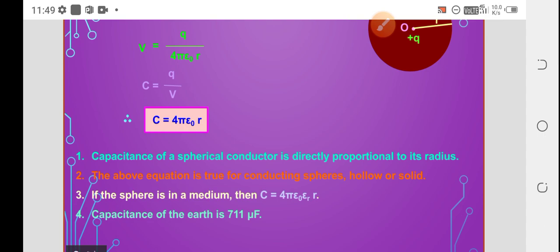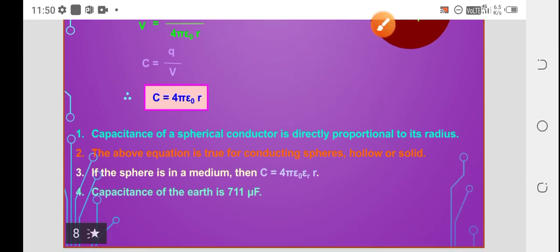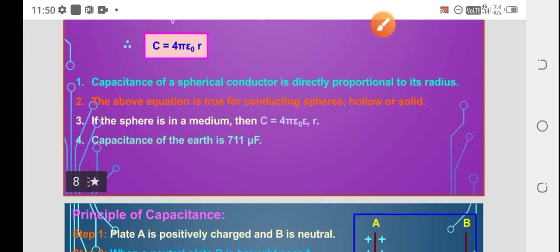Therefore, C = Q/V. Substituting the value of V, Q/(Q/(4πε₀R)), Q will cancel, and finally we get C = 4πε₀R. What can we understand from this equation about the capacitance of a spherical conductor?